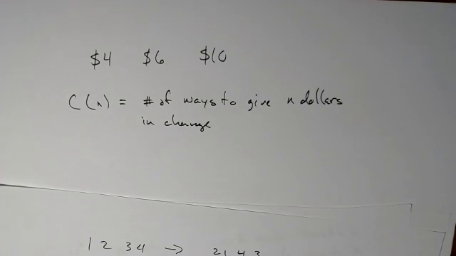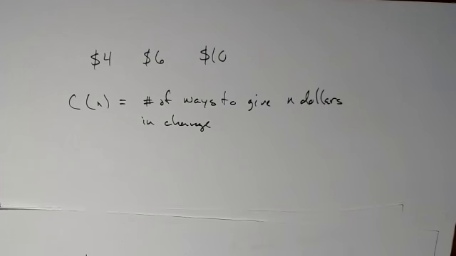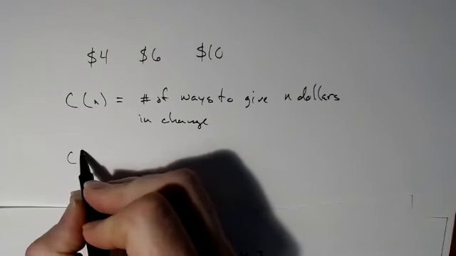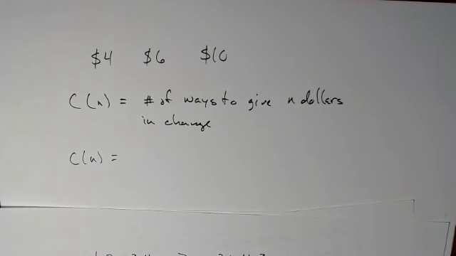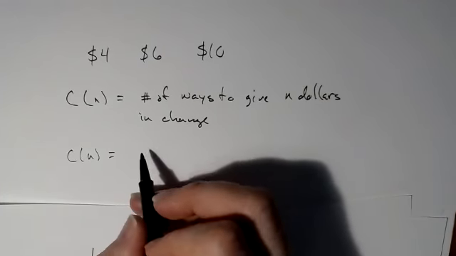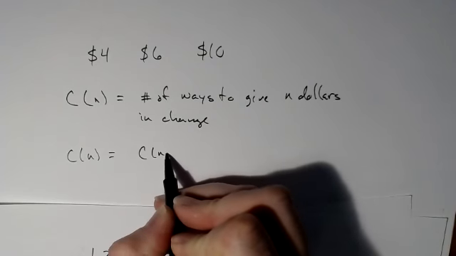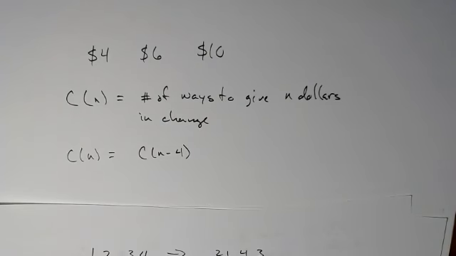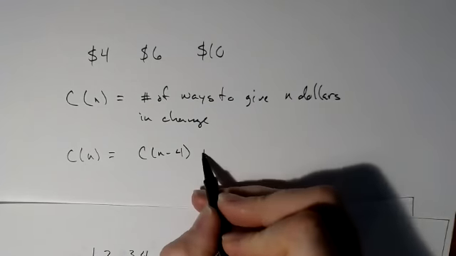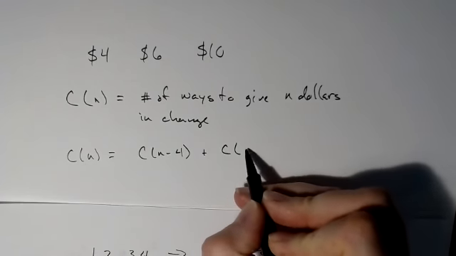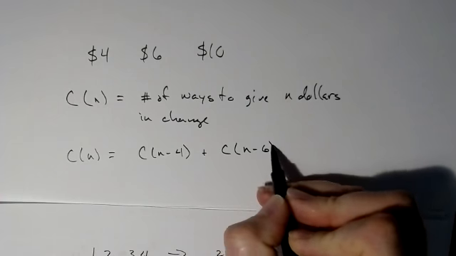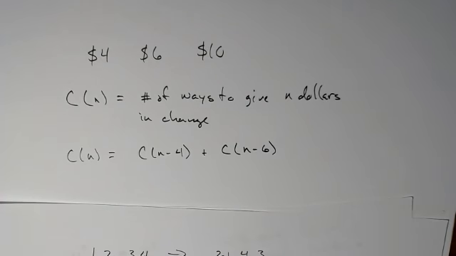So if my change amount is exactly 4 more than a previous amount, then I add a $4 bill. Or if it's exactly $6 more than a previous change amount, I add a $6 bill.